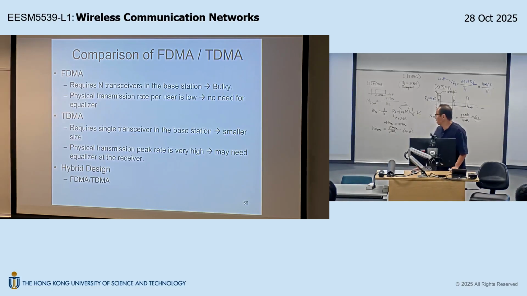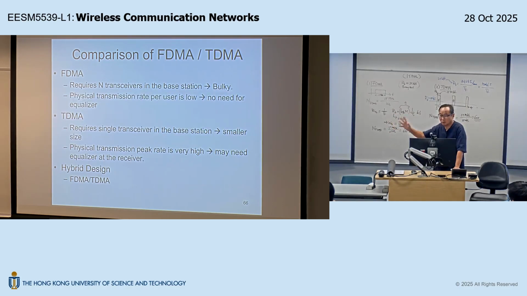if you look at FDMA again, when a user transmits on the frequency slot, that user will transmit forever, so it's continuous transmission. The bandwidth of the signal transmitted for a user is 25 kilohertz. For outdoor propagation, the coherence bandwidth is of the order of 100 kilohertz.